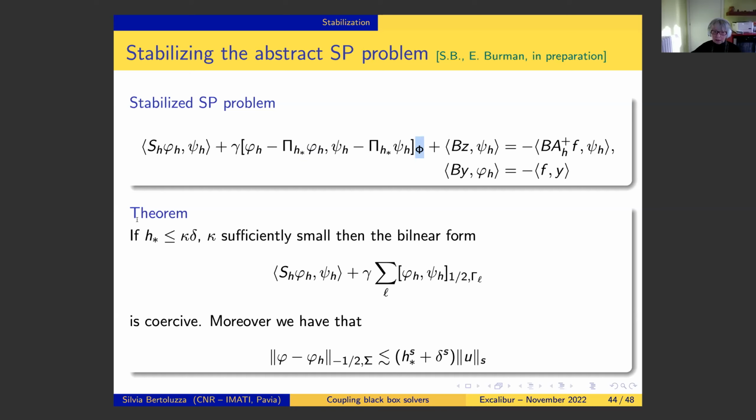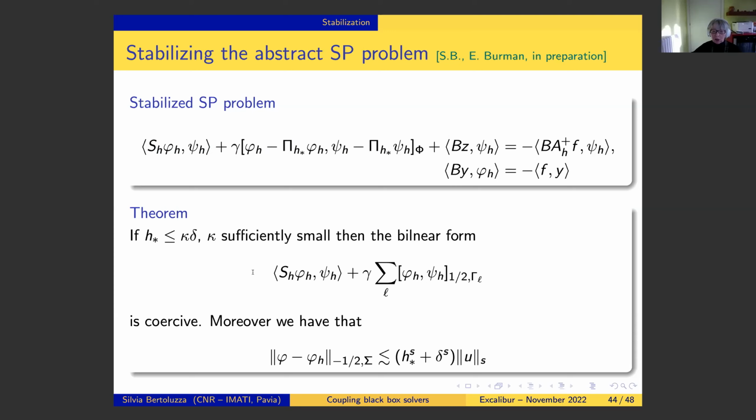And then I can prove, and this is a joint work with Erik Burman, as was the abstract formulation and the minimal condition for the abstract formulation, that if H star is smaller than K delta, then the bilinear form corresponding to the stabilized problem, if the kernel is zero, the bilinear form is invertible.